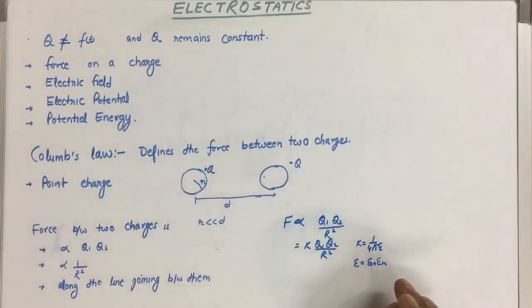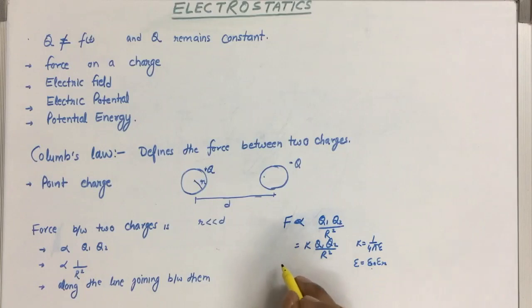Is it the correct definition of epsilon? No. Then what is the correct definition? If we write the formula, then we find it is in the denominator. So that is not the ability to permit, but the ability to oppose the electric field.